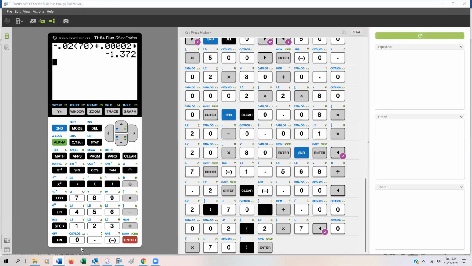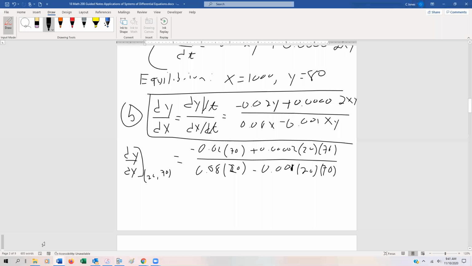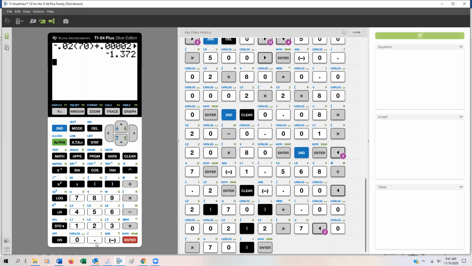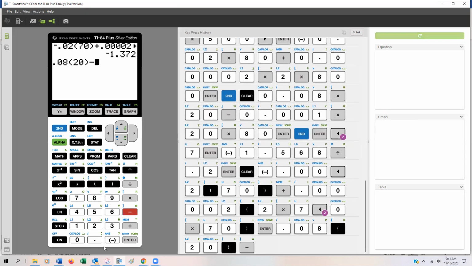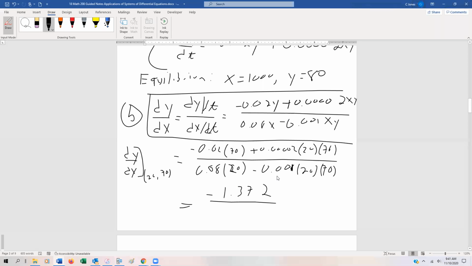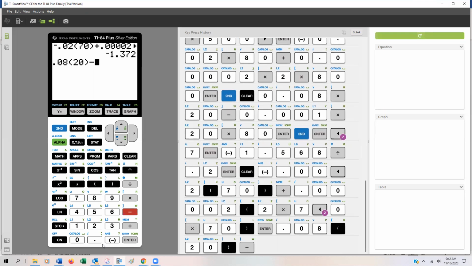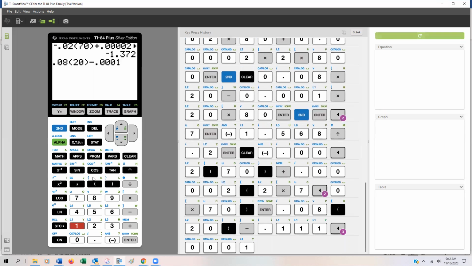So I'm going to write that down. So we have negative 1.372 in our numerator, and then in our denominator, we have our 0.08 times 20, which was our x, and then minus 0.001.